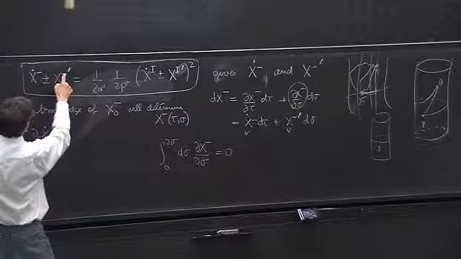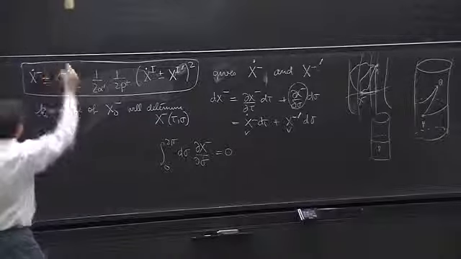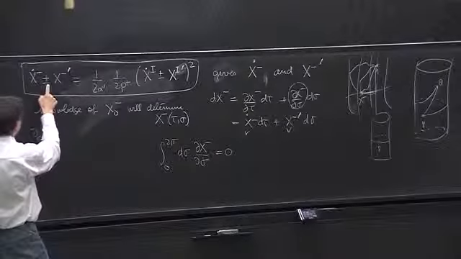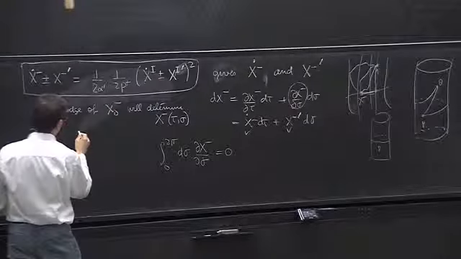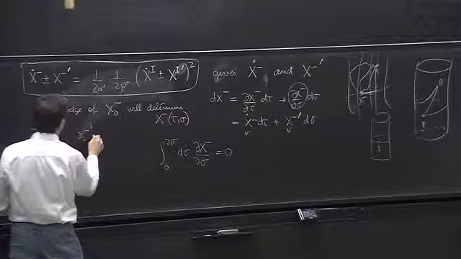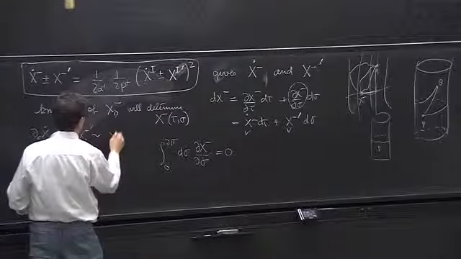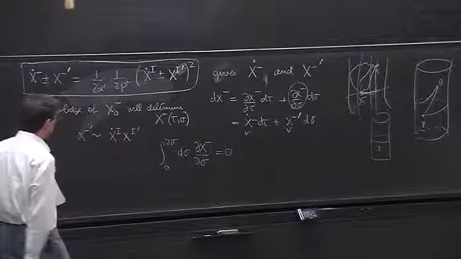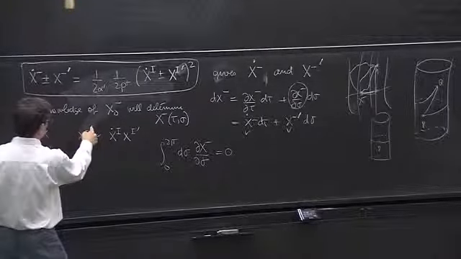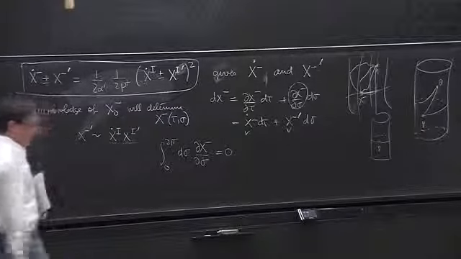Similarly, the x minus is obtained by taking this equation with a plus and subtracting the one with a minus. And when you subtract the one with a minus, you'll find that x minus prime is, roughly speaking, the xi dots times the xi primes. So x minus prime is not obviously a sigma derivative.